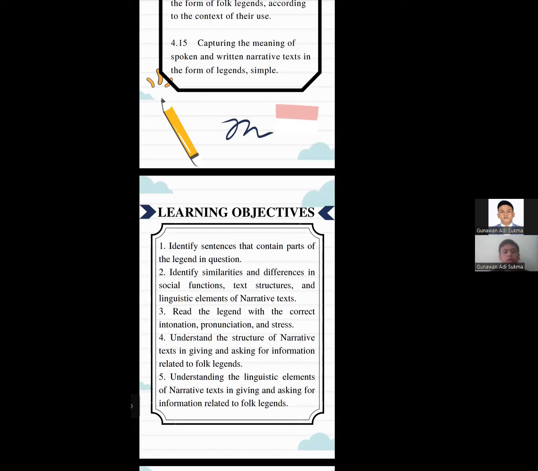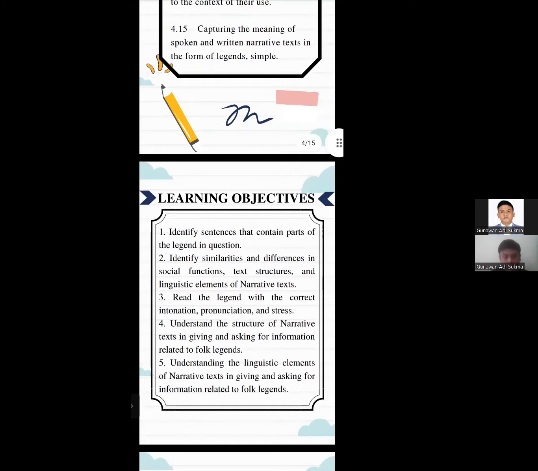Number 3 is read the legend with the correct intonation, pronunciation, and stress. Number 4 is understand the structure of narrative text in giving and asking for information related to folk legends. And 5, understanding the linguistic elements of narrative text in giving and asking for information related to folk legends.